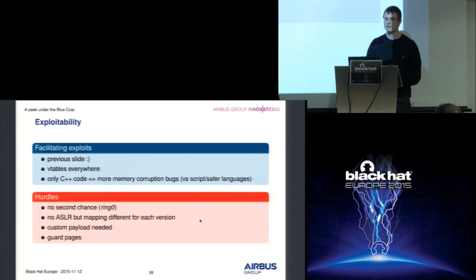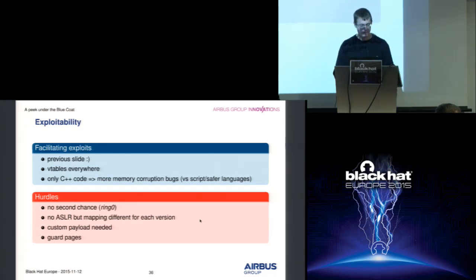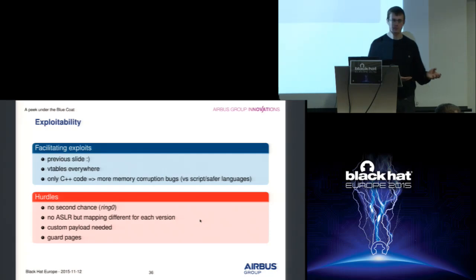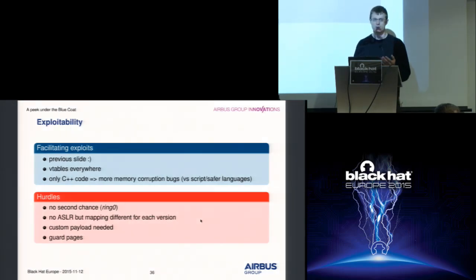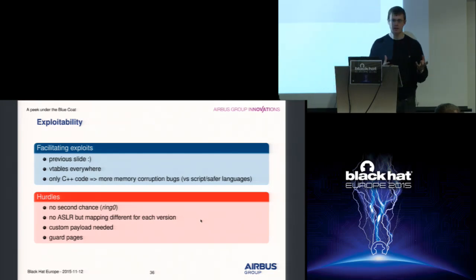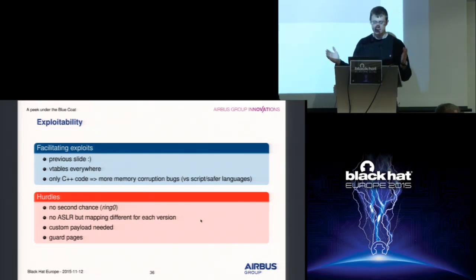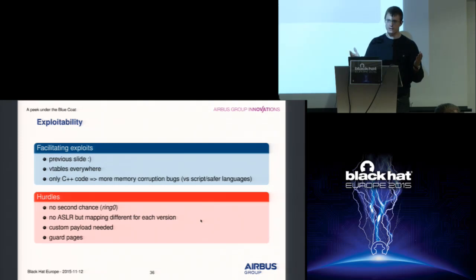But then if you fail, you reboot the system. So it's kind of obvious. You don't have ASLR, but remember the binaries are mapped at the beginning of the boot. It takes all the binaries from the system and maps them into memory continuously. So every version has a different starting address for binaries, because if you change one binary, the size changes, then the position in memory will change.